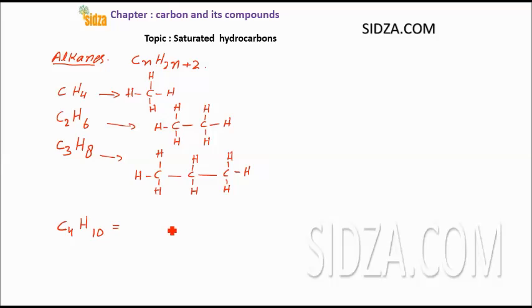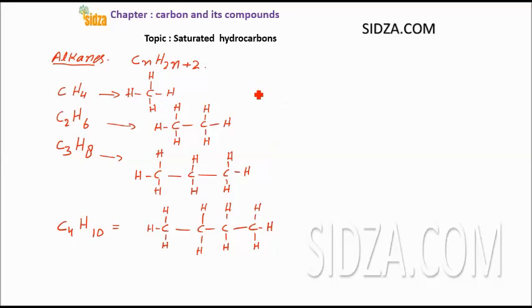I am going to draw 4 carbon atoms first, 1, 2, 3 and 4, with carbon-carbon single bonds only, and now the valencies will be filled by hydrogen atoms. Terminal carbons always get 3 hydrogen atoms. This one gets 3, this one also gets 3, the central ones have 2 valencies filled, so they need 2 more hydrogen atoms. So this is the structure of C4H10.